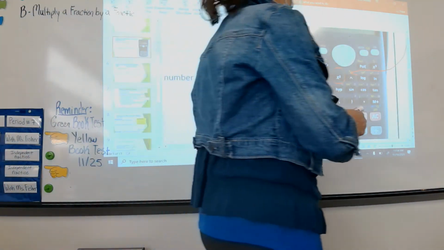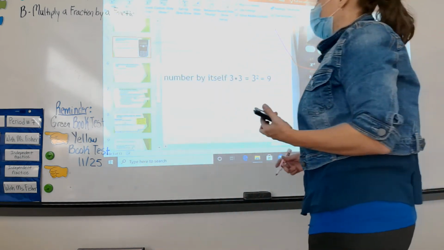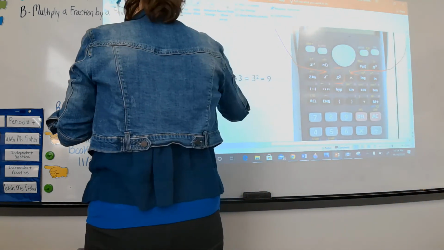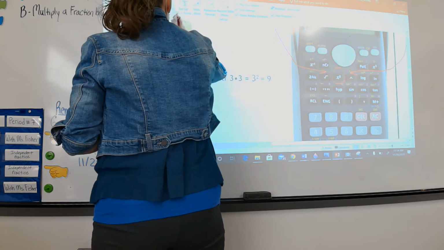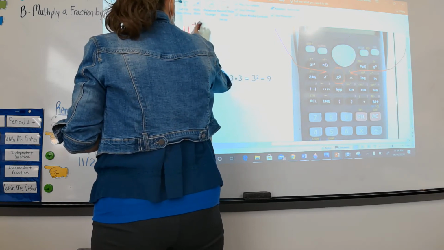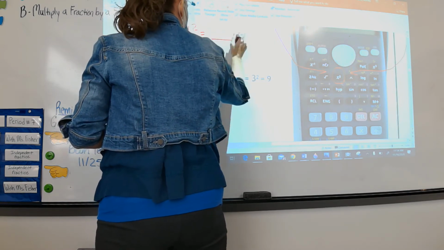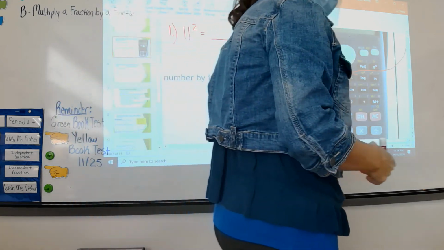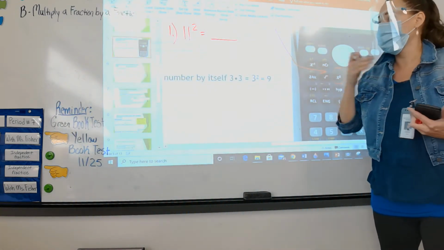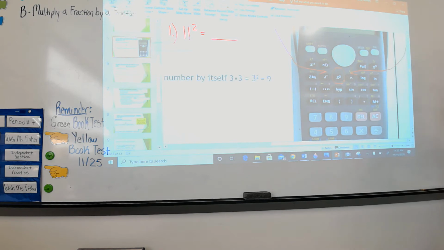On your test, you're going to have questions just like this: 11 squared equals blank. Obviously, I'm not going to give you the same question, but you're going to have to know how to do that utilizing a calculator.